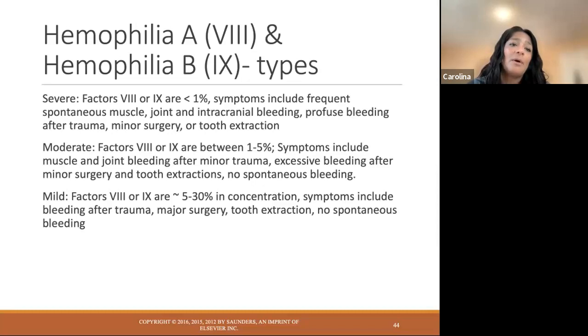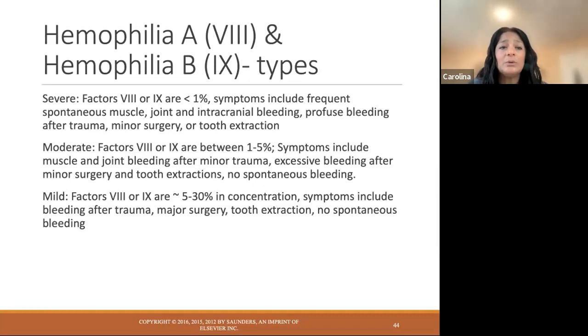Severe forms, either factor 8 or factor 9 deficiencies, are at less than 1%. When factors are at very low levels, there are a lot of issues, because you need these factors to form that fibrin clot, and these are major factors.